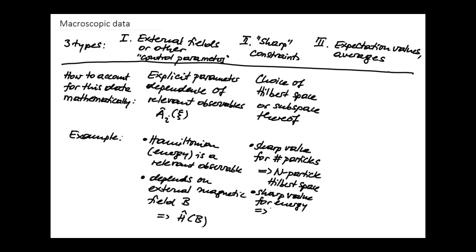So you describe your system in a subspace of Hilbert space, which is spanned by all the microstates that satisfy the energy constraint. And so this is how you account for the type 2 macroscopic data.